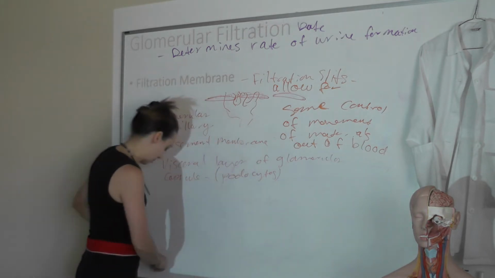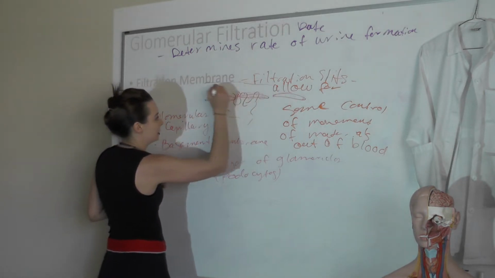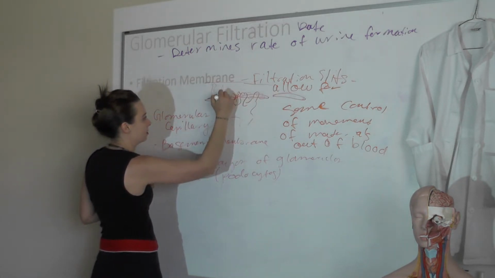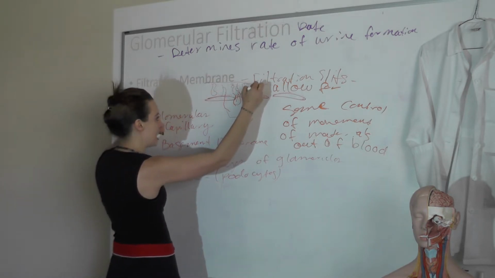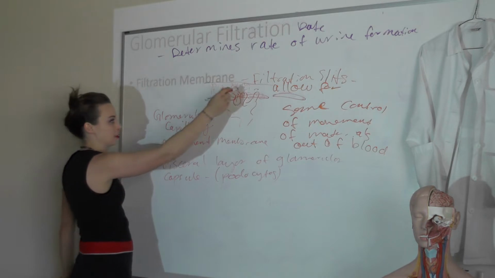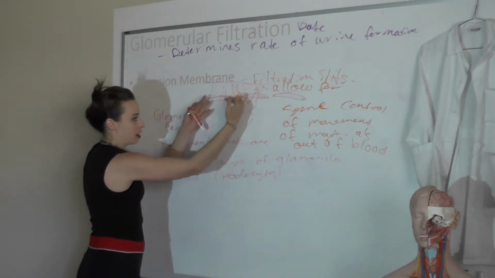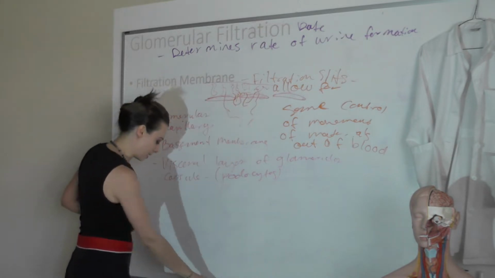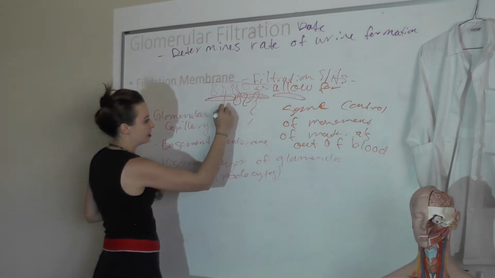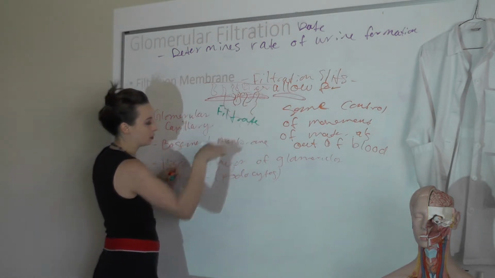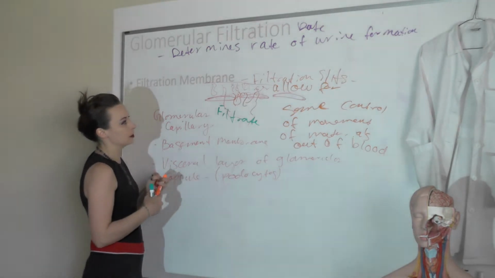So if I were to imagine what's going on right here, this would be the other side of my glomerulus, and I have blood cells coming through here, and there are large proteins and things. Those are all going to get stuck and stay in the glomerulus, and they'll exit in the blood in the efferent arteriole. All of the rest of our materials are going to be pushed out now and collect in this fluid that's going to become filtrate, and this filtrate is going to move through the renal tubule and be adjusted to become urine ultimately.